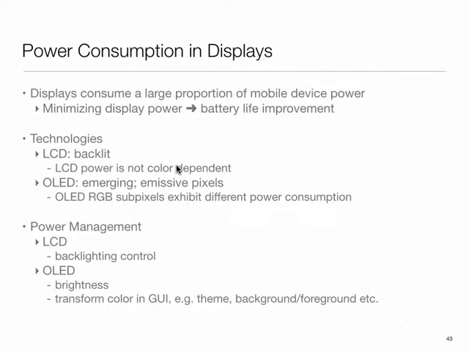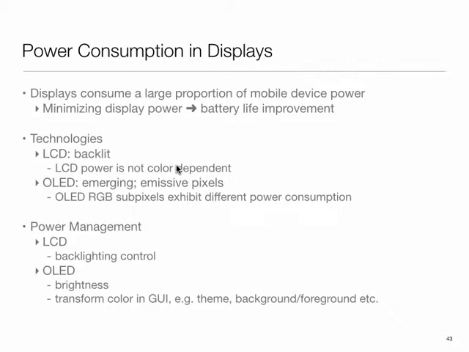So firstly, color would not matter because color is a matter of which subpixel is on or off. But the backlight is the same. So what do you think would be a good, intuitively a first order power model for an LCD display?